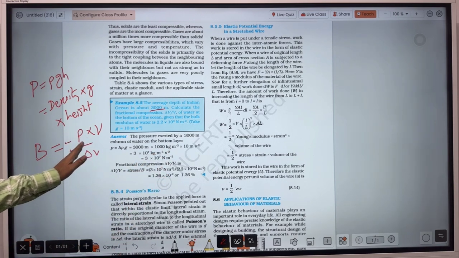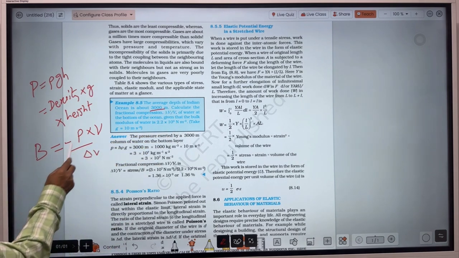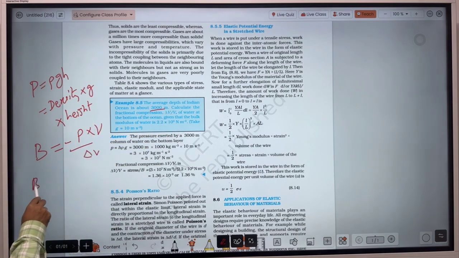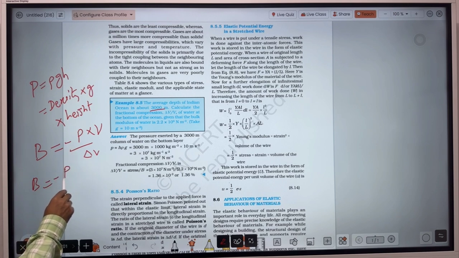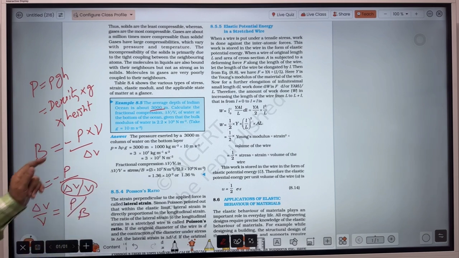Now the second thing left is we have to find out delta V upon V. So it is very simple. Then we can write P equal to, you can ignore minus sign, just write P equal to B delta V upon V. So keep delta V upon V this side and B on this side. So delta V upon V in magnitude, negative sign we can neglect, is pressure divided by bulk modulus.